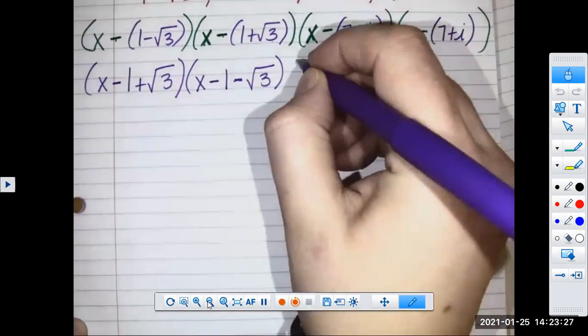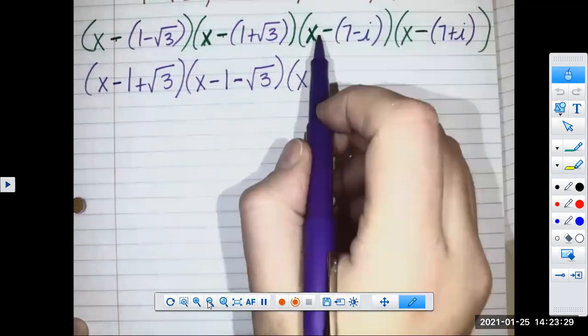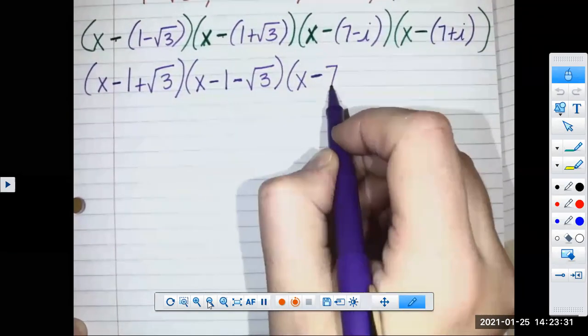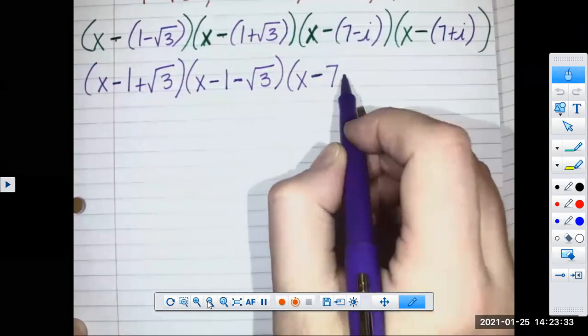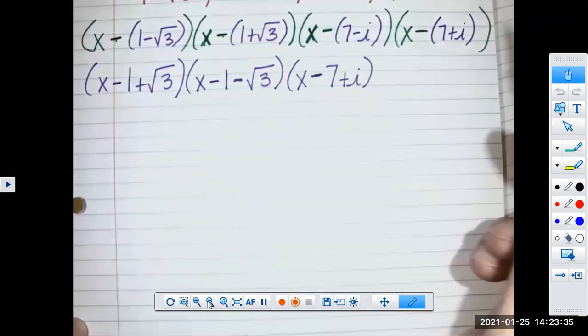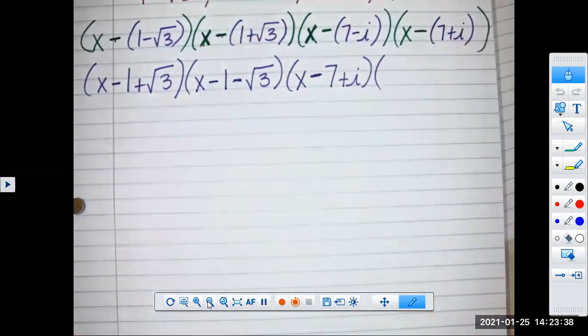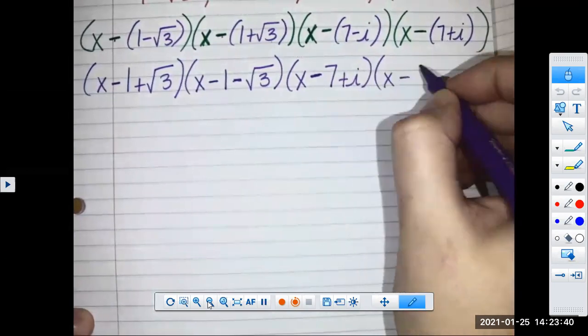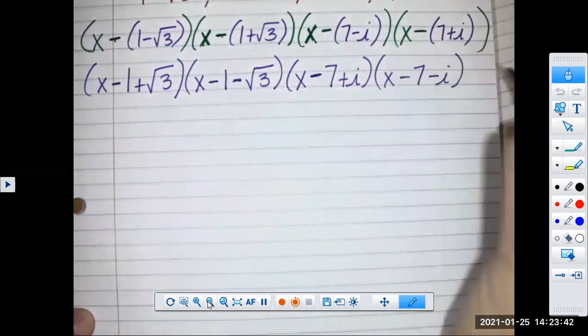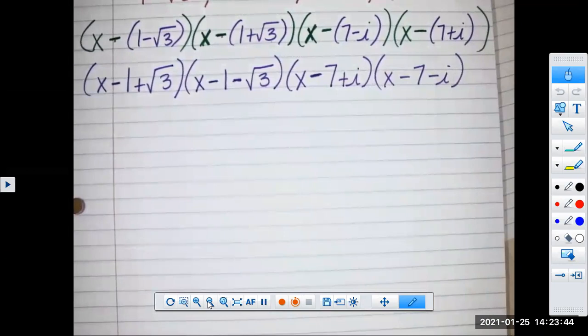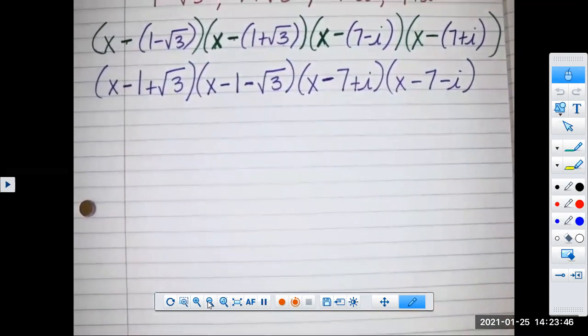And then at the end, x minus 7 plus i, and x minus 7 minus i. Okay, is everybody okay up to that point?